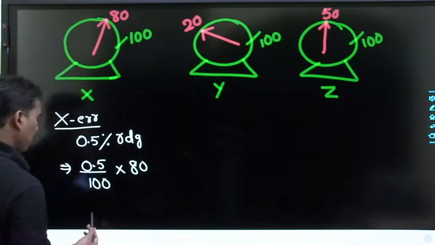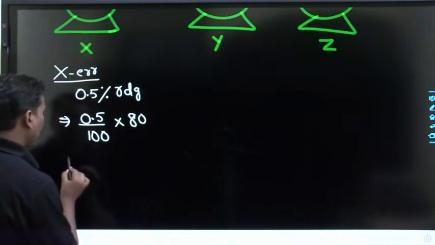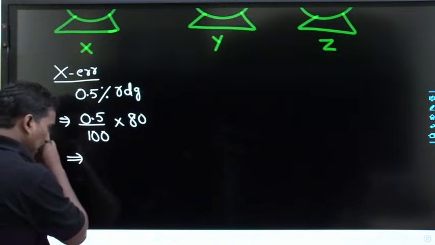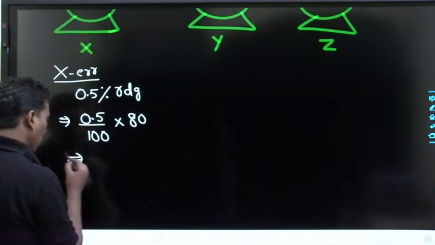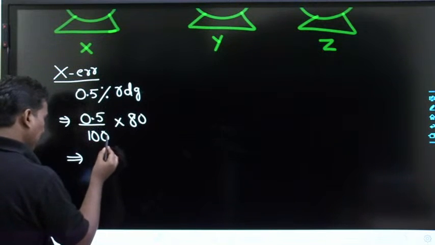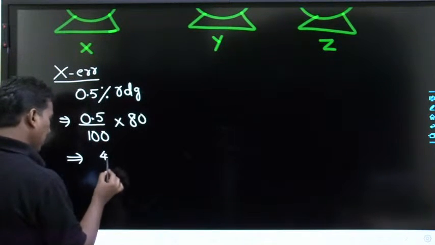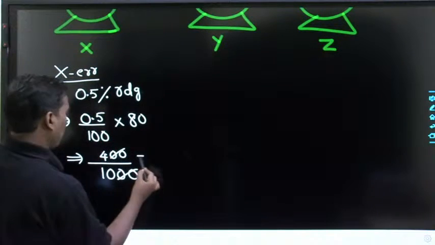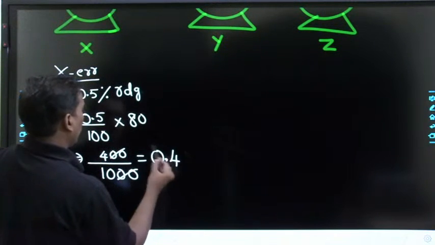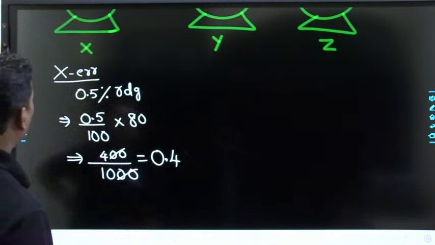So that will be how much? Please have calculators with you and tell me the answer. 5 by 100, 5 by 10, 5 into 8 is 40, 400 by 1000. Am I right? 400 by 1000 means 0.4. So this is 0.4 absolute.